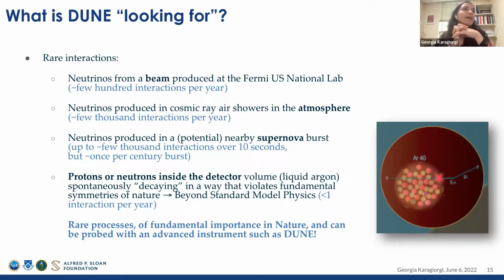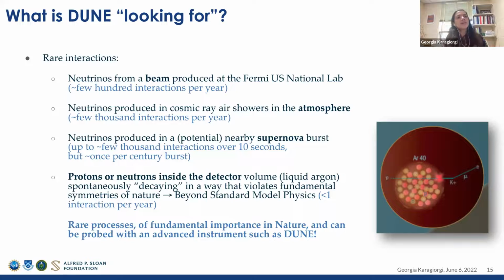Now, this would be groundbreaking if we were to observe this. It's only predicted to happen very, very rarely, but the benefit of having such a large, well-shielded detector deep underground is that you have Avogadro's numbers upon Avogadro's numbers of protons and neutrons, that you can then hope to see one of them, with some tiny little probability, individually decay away.